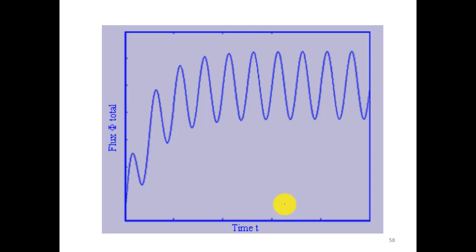Now if we plot the flux with respect to time, it will be a sinusoidal component, but it will increase like this, right? And it will saturate. So gradually it will saturate to a constant value. So that is the flux.